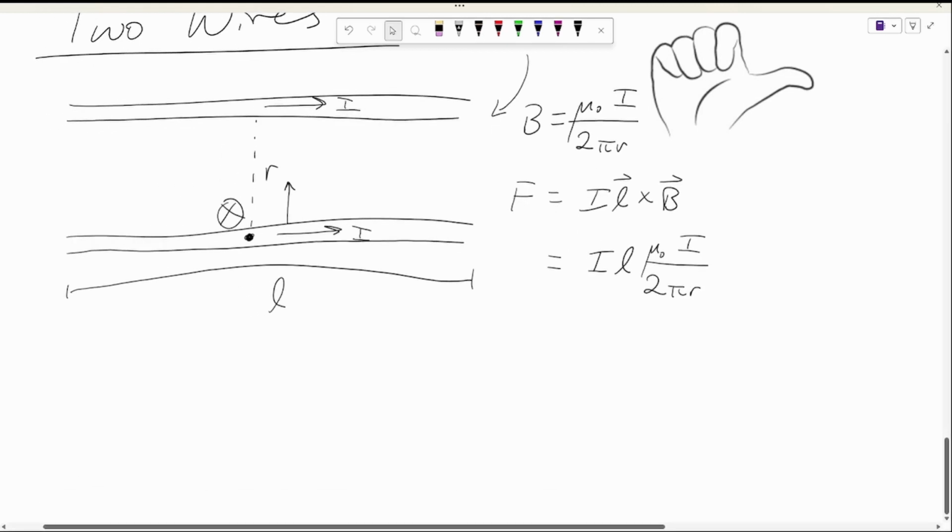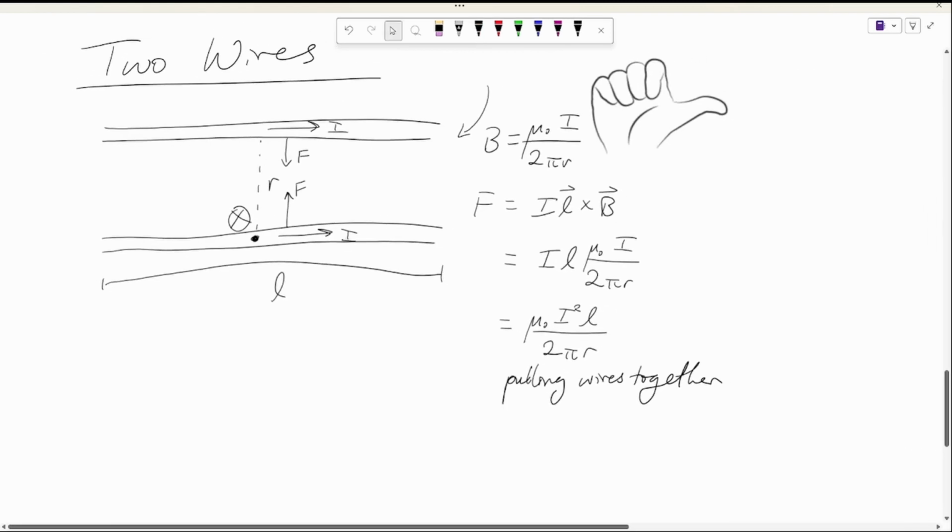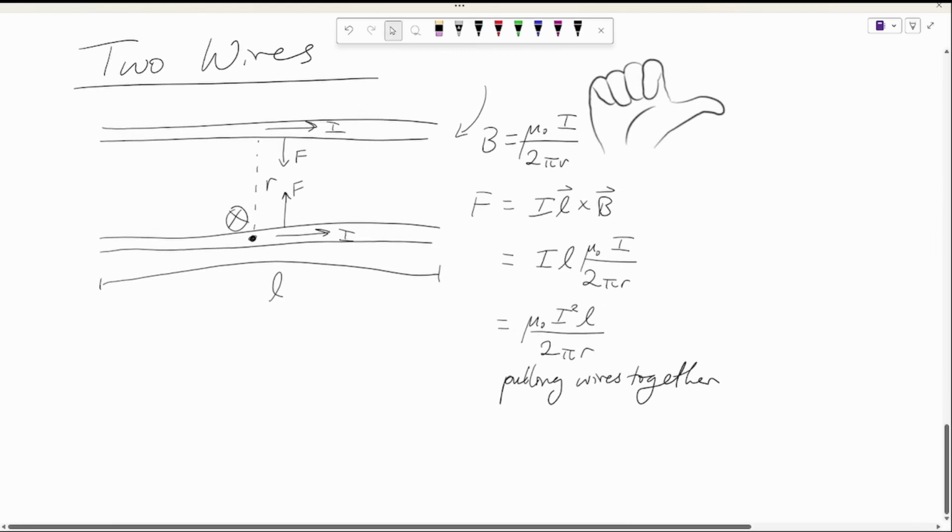Because the I's are conveniently the same, we can simplify this to mu naught I squared L over 2 pi r, and the force will be pulling the wires together. This is the force on the bottom wire. This is the force on the top wire. So two wires carrying current in the same direction will be pulled together. Two wires carrying current in the opposite direction will be pushed apart.